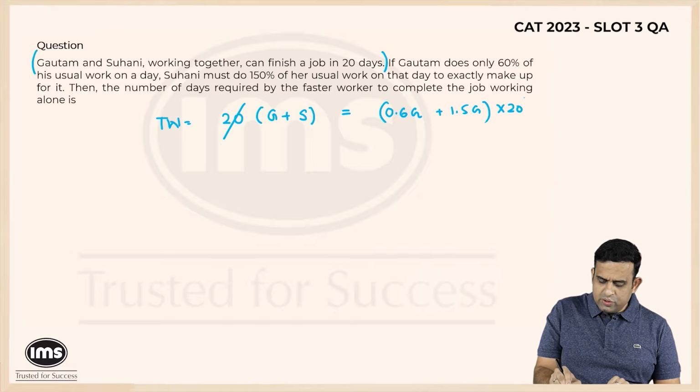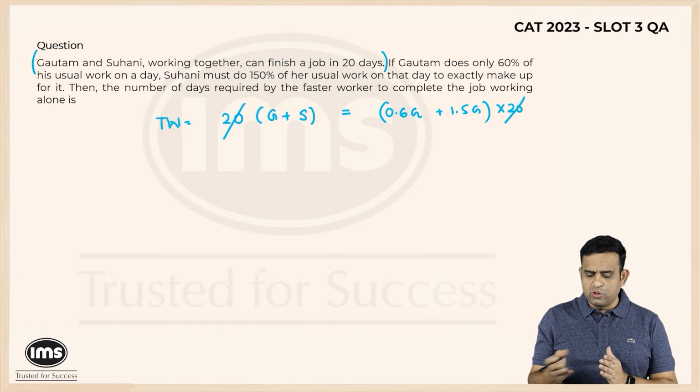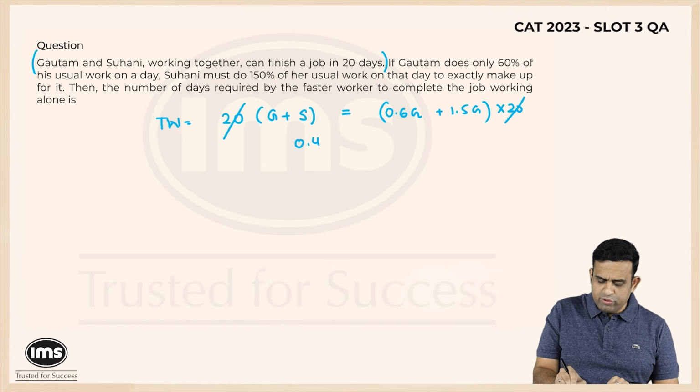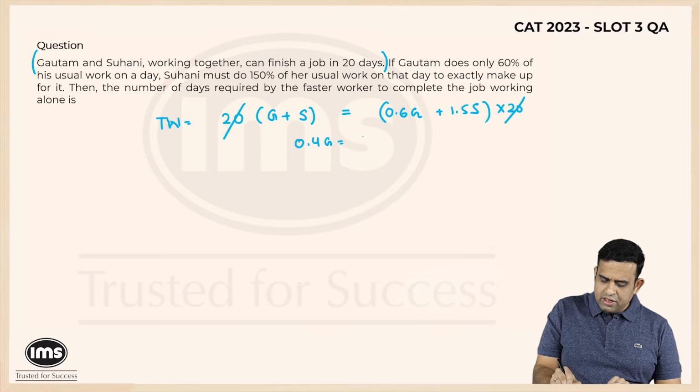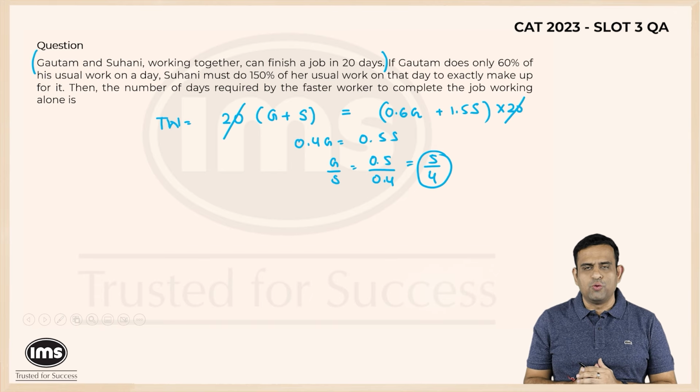So if you look at it, 20 will get easily cancelled out. If you solve this, one gets 0.4 G is equal to 0.5 S. So G by S becomes 0.5 upon 0.4, which comes out to be nothing but the ratio of 5 and 4.